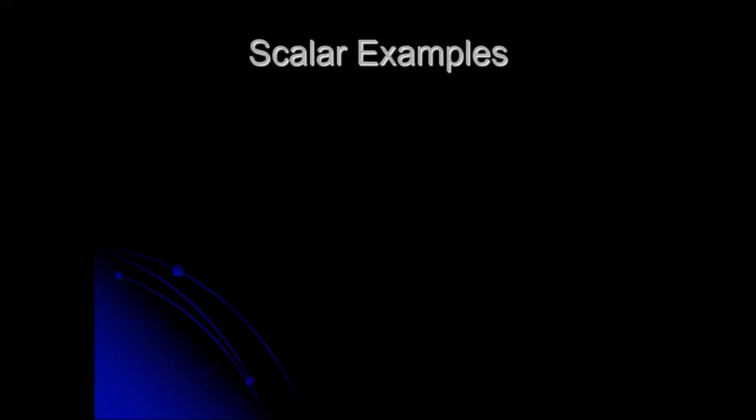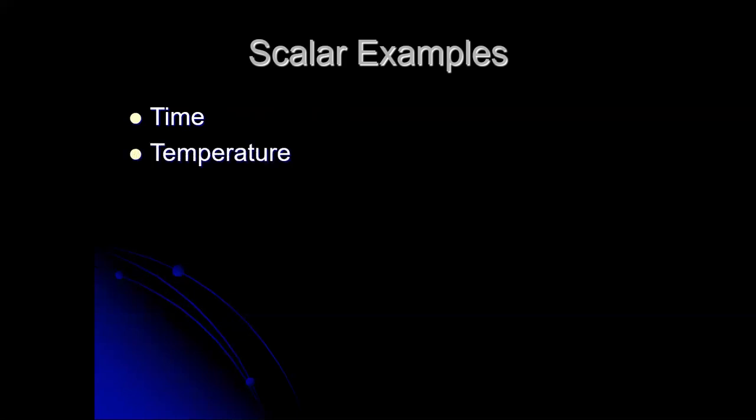So, some common examples of scalars. Time is a pretty good scalar, whether you're talking about the time of day or how long it takes for something to happen. For example, the length of our class. That's just a number. Once you know that number and you have the right units on it, you have the whole story. There's no other information missing.